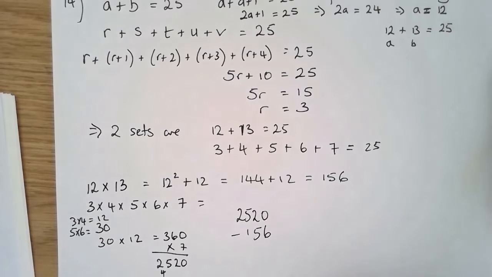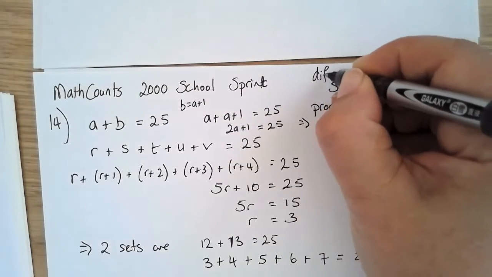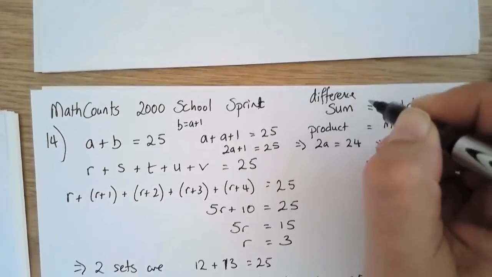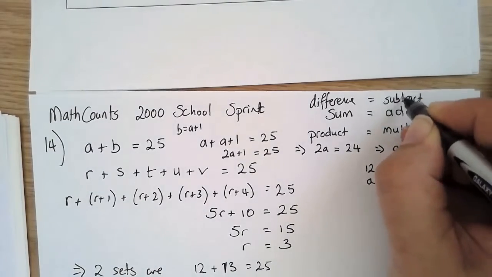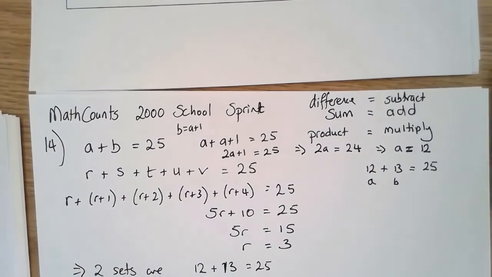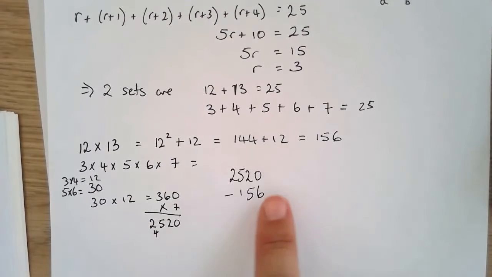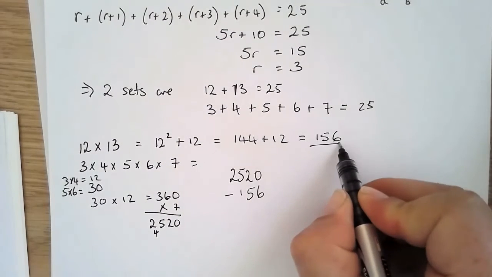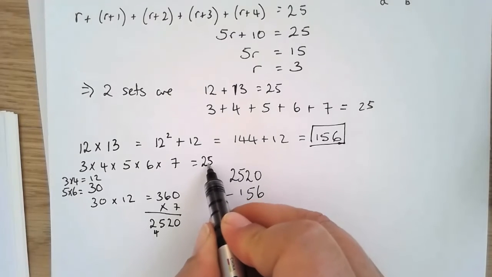So I'm just double checking back at the question. What is the positive difference between the products of the numbers in each set? So not only do we need the products, but we do need the difference as well. The difference equals subtract. The product of one number set is 156, and the product of the other number set is 2520.